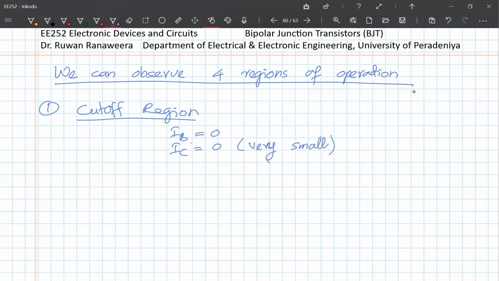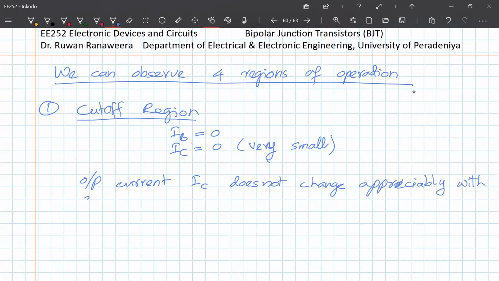And output current does not change appreciably with the output voltage VCE. Okay, current IC does not change appreciably with output voltage VCE.